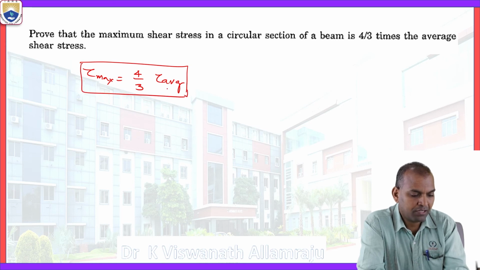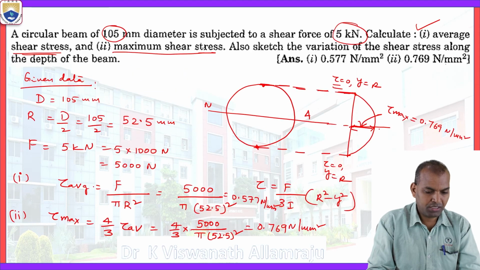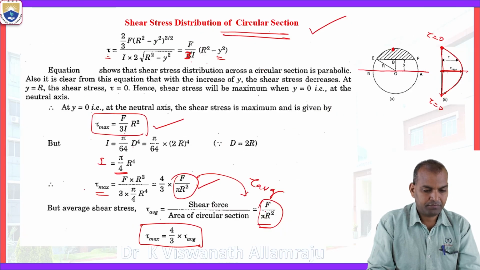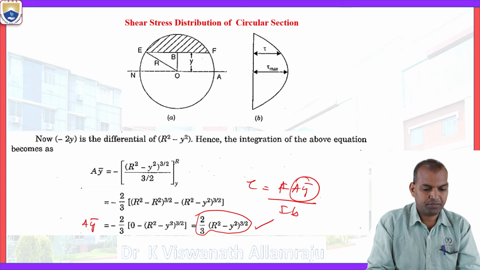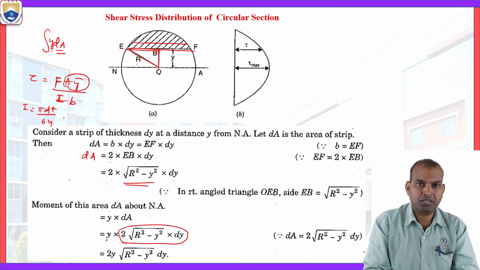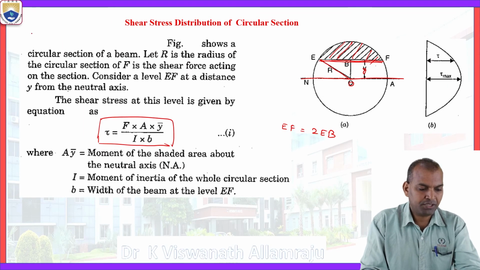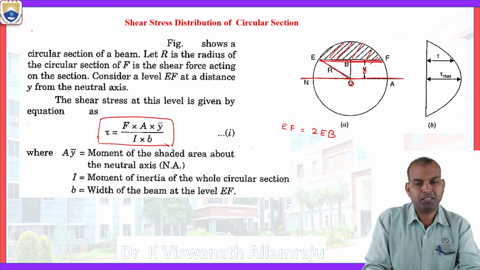The solution for this question is, we have to start by drawing the shear stress distribution curve. That is the proof. Yes, from this it begins. This is the solution for that question.